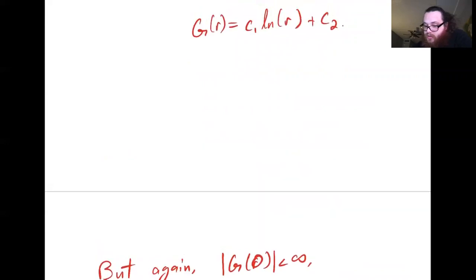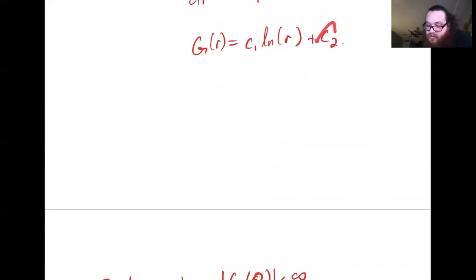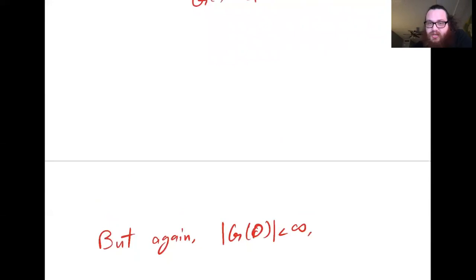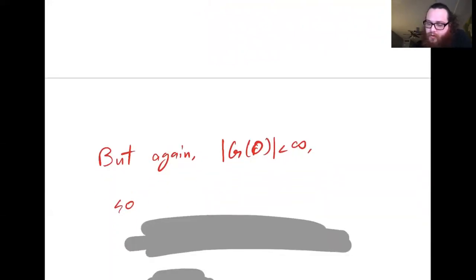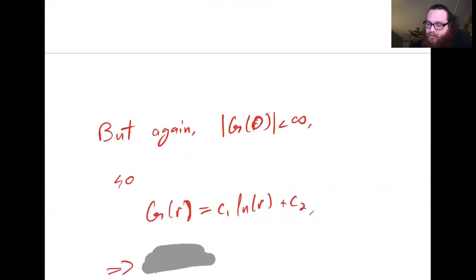So technically, here was our constant piece, and then here was the other linearly independent solution we found. But keep in mind that we want g to not blow up as r goes to 0. Well, if we write out what this is, as r goes to 0, c2 is just a constant, it doesn't depend on r.